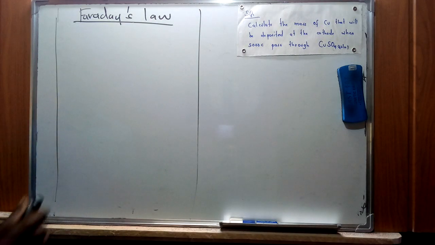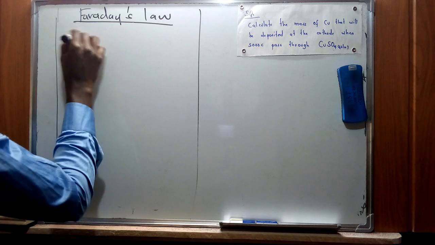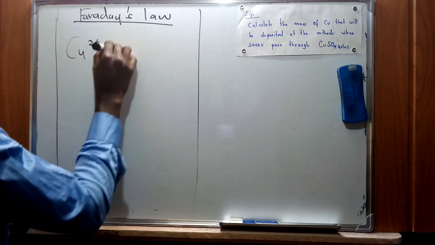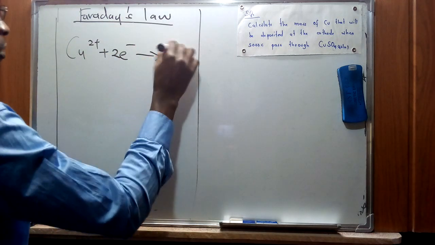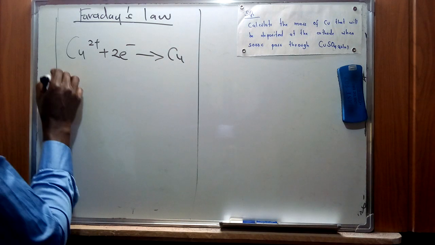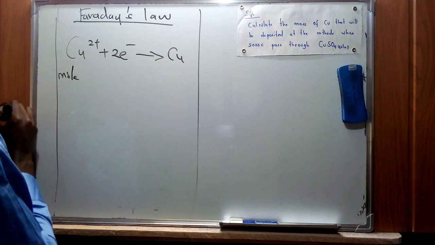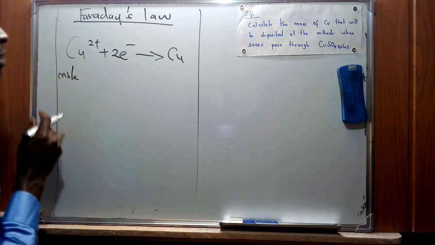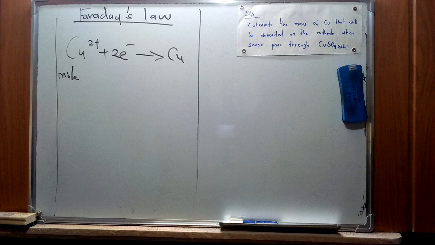In our case, it's copper which is being reduced from copper ions to copper metal. That is the half equation that is going to be used. Because we have talked about electrons being equivalent to the charge, the electrons are going to affect the amount of charge being used.